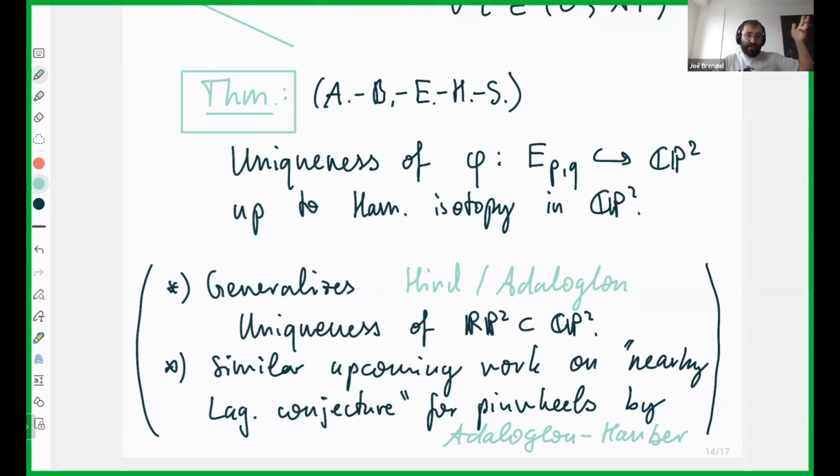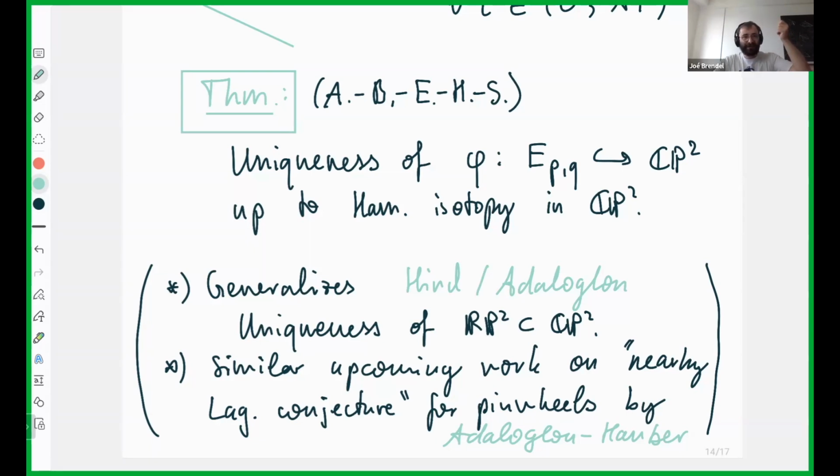So this generalizes the classical result for RP2 to general ellipsoids. And there is similar upcoming work for the corresponding nearby Lagrangian conjectures. So in their normal neighborhood, they are Hamiltonian isotopic. This will be done by Nick and Johannes.